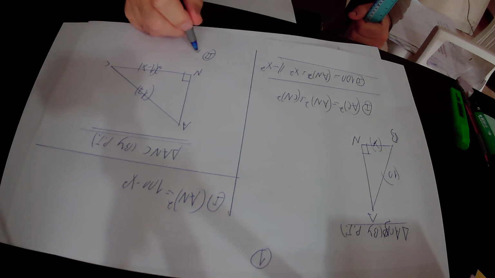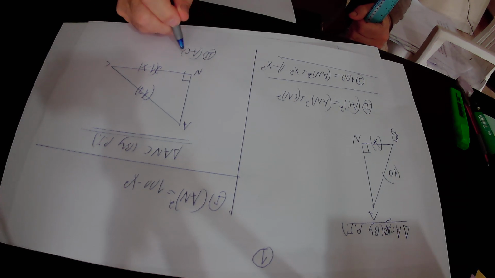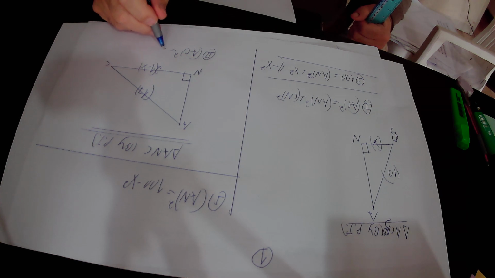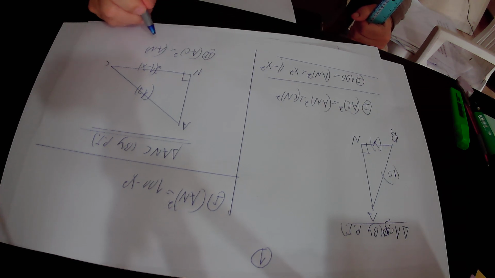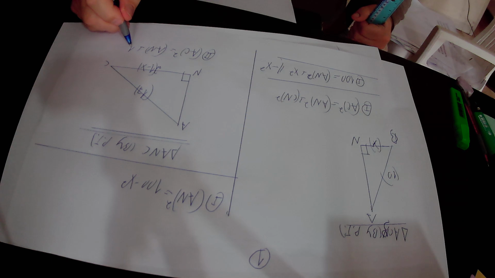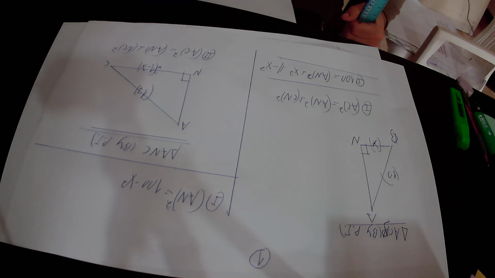AC squared, that is the square of the hypotenuse, equals AN squared plus NC squared. Here AC is 17, therefore AC squared is 17 squared, that is 289.